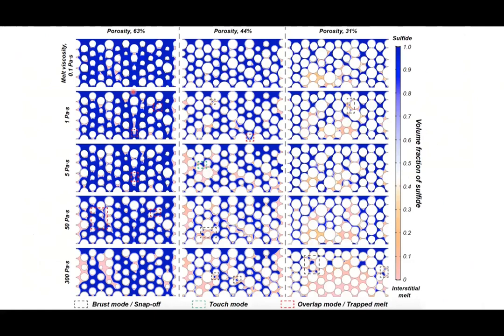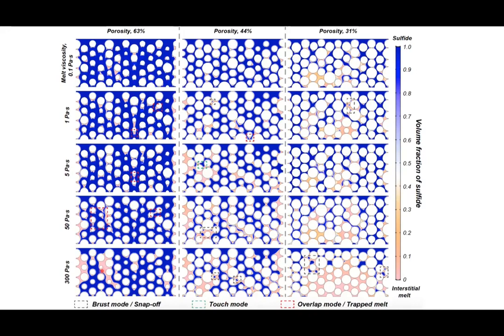We can see if the melt viscosity is very small, this sulfide is blue. This sulfide can be close to the stable displacement. But if I increase the melt viscosity here to 300 Pascal seconds, which is the basalt viscosity, we can see there are some regions the sulfide cannot occupy.